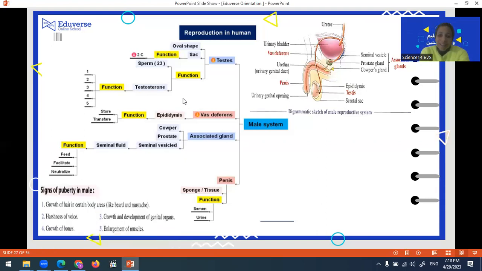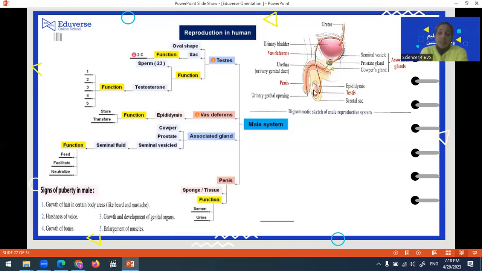It's the secondary sex hormone for the male, which helps in the signs that appear at puberty in the male, al-bulugh. The signs of puberty in the male are growth of hair in certain body areas like the beard and mustache, harshening of the voice, growth and development of genital organs, growth of the bones, and enlargement of muscles. This is the function of the secretion of testosterone.